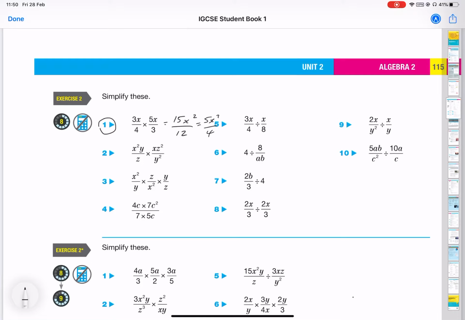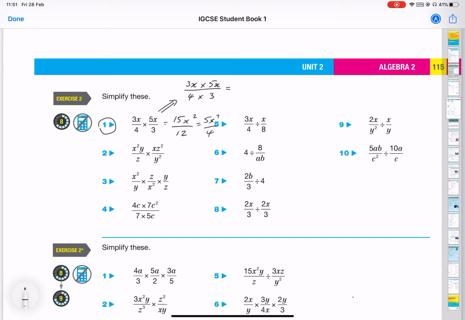So I can see when I'm timesing these fractions, one of the nice things about, do you guys remember the law of commutativity? Where it doesn't matter which way round things get multiplied, you still get the same answer. So what I'm going to write here is 3x times 5x over 4 times 3. That's me just doing that.